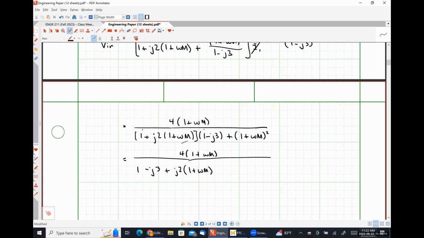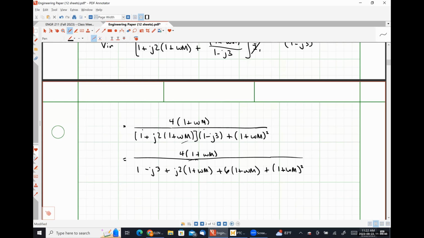And then I need to multiply that by j3. So let's see, j2 times negative j3 is going to look like plus 6, 1 plus omega m. Plus 1 plus omega m squared. My algebra okay here? Did I screw anything up? Any algebraic mistakes? Anybody notices anything?